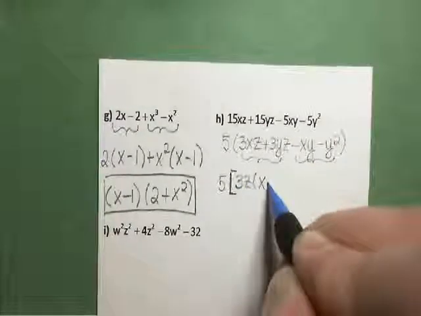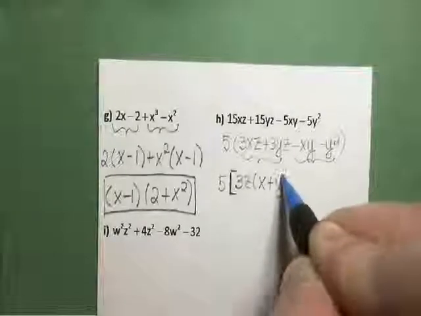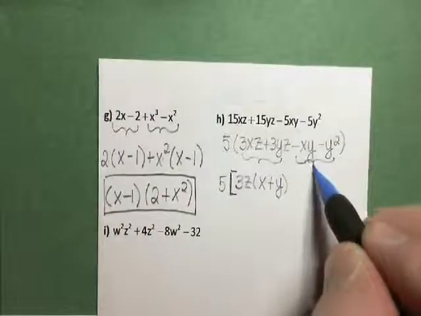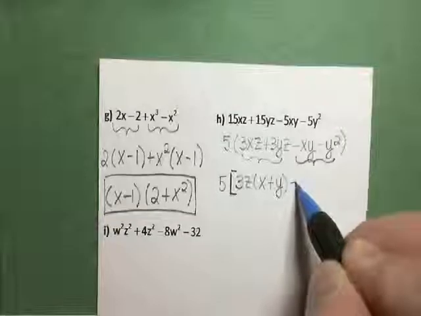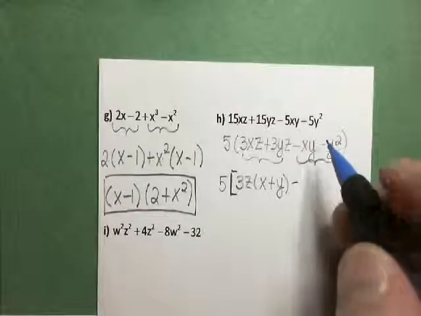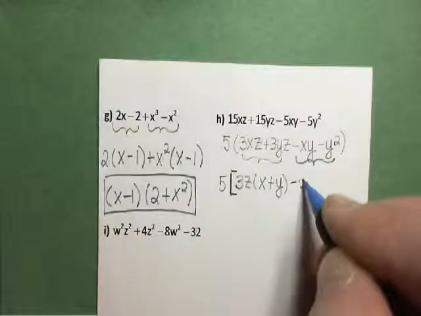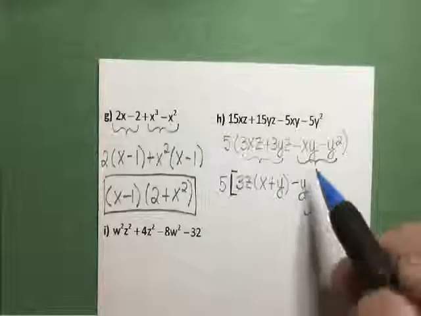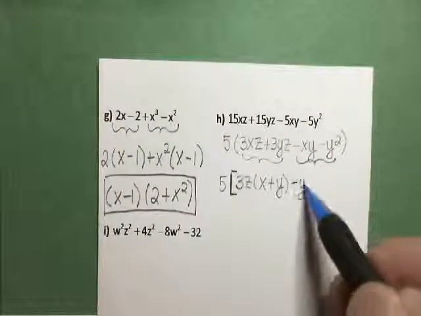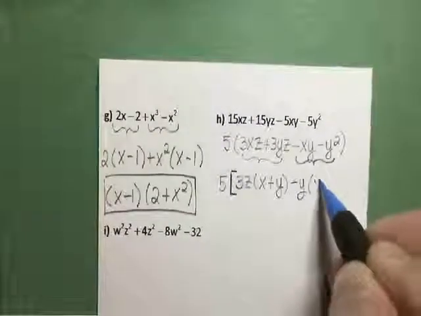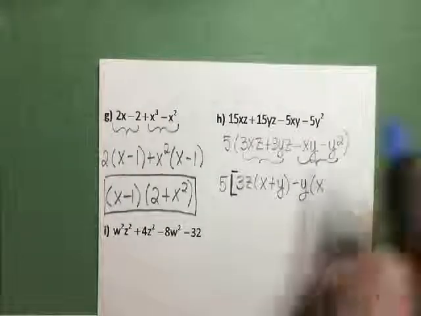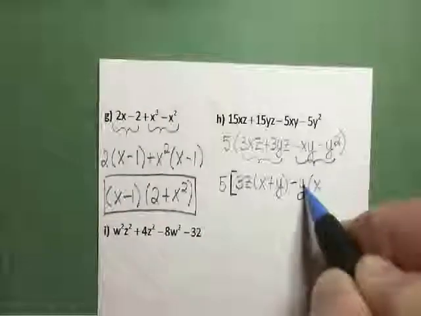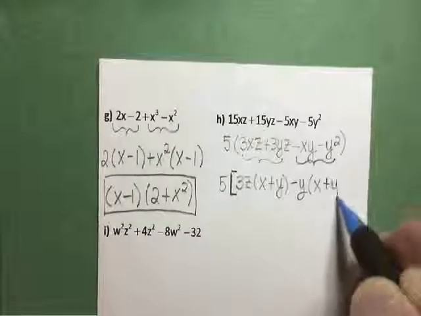Now I'm going to do the next two. There's a negative there, so bring it down. What can I factor from both of them? I can factor out a y. So negative xy divided by negative y is positive x. Negative y squared divided by negative y is positive y. Copy the 5.